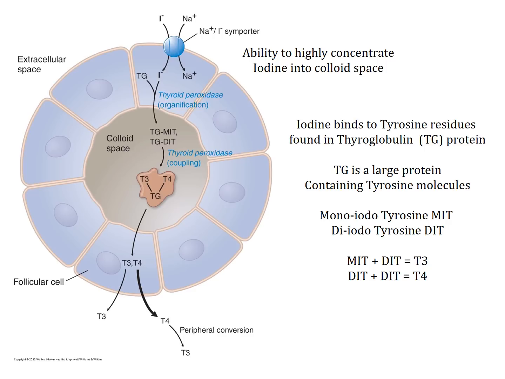Once that iodine is bound to the tyrosine molecules, we can combine them and make T3 or T4, where T3 has 3 iodines and T4 has 4. That process is regulated and stimulated by TSH, thyroid stimulating hormone.